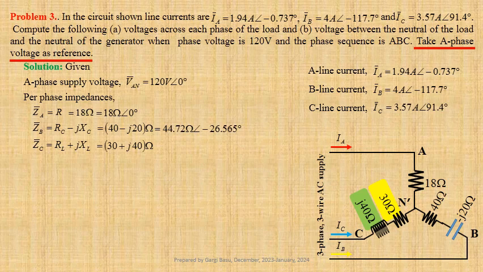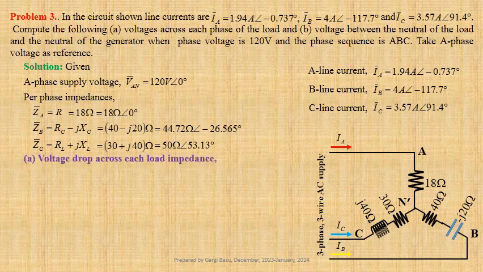This may be written in polar form as 50 ohm at an angle 53.13 degree. Let us now calculate voltage drop across each load impedance.